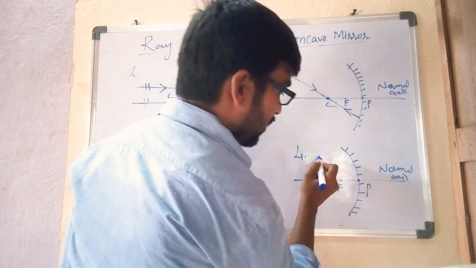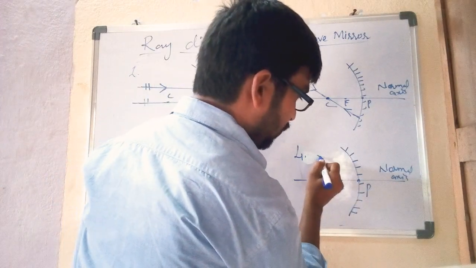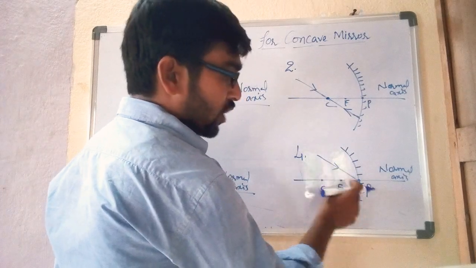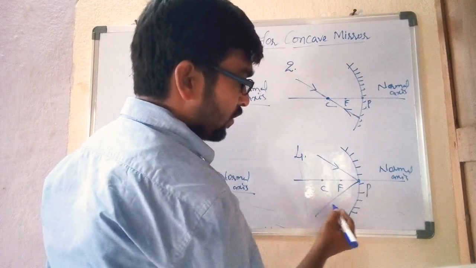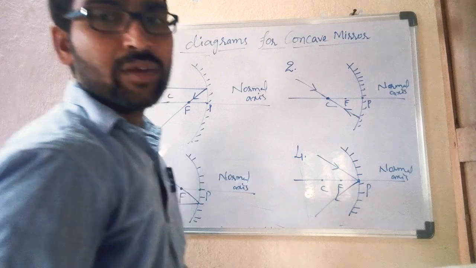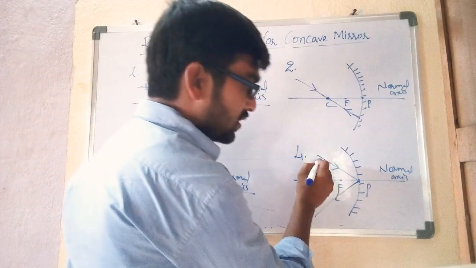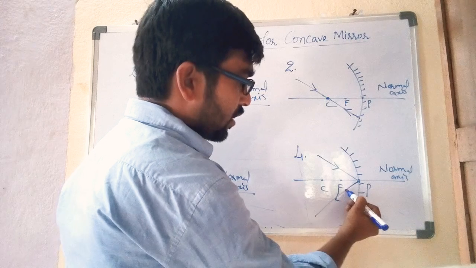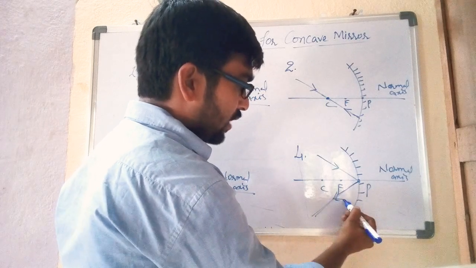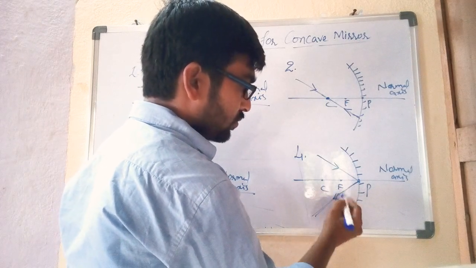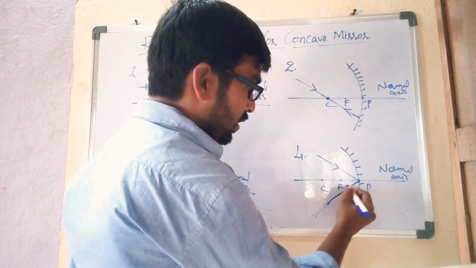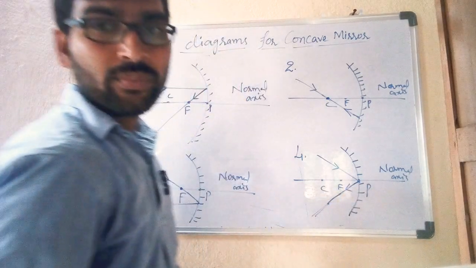When the incident ray strikes on the pole, it will be reflected back like this. Here it is the reflected ray.